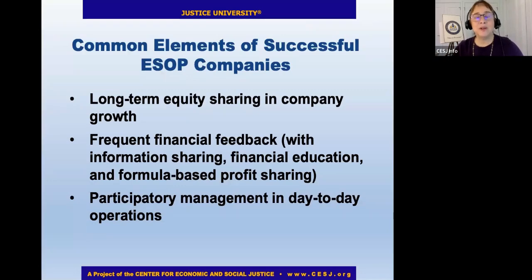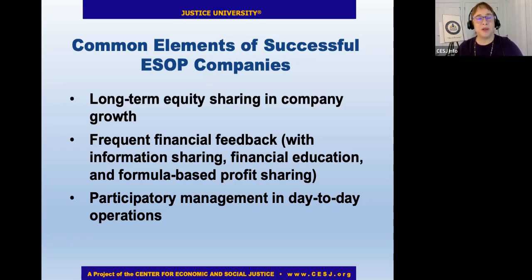And in terms of how this affects the competitiveness and profitability of companies, there have been many studies over the years. One was by Professor Alan Blinder, who wrote a book called Paying for Productivity. You've had studies done by a number of universities, which find that other things being equal, if you have two companies that are in the same industry, same size, etc., but one has certain elements, what we would say are the elements of an ownership culture, they tend to outperform the other company by 150% in terms of profitability.